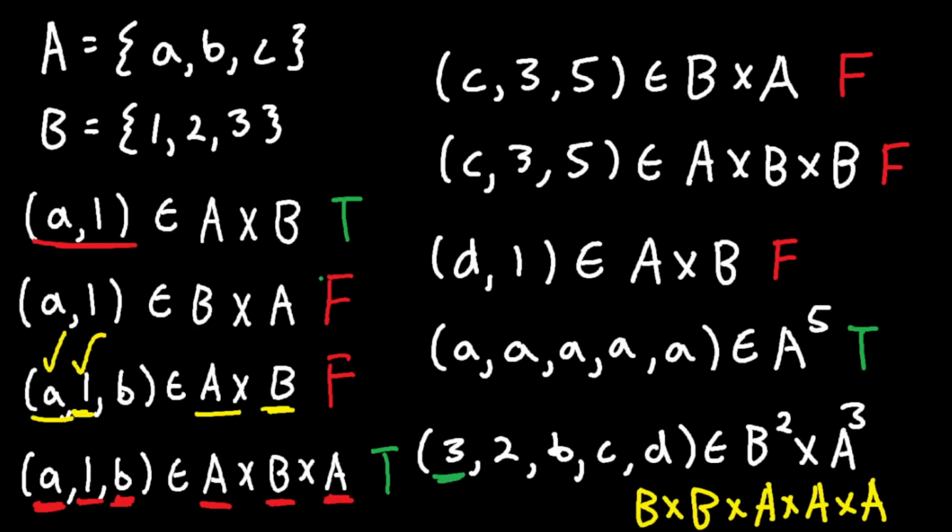Well, we have a 3 here. 3 is in B. 2 is in B. B is in A. C is in A. And D. Well, D is not in A. Too bad. So sad. So this right here is false. We just have a single element that does not exist in the right spot, which automatically makes it so this is not an element of this Cartesian product.